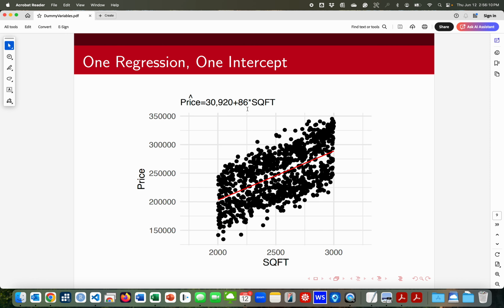So we can take a look at this regression right here using the same data that we had earlier. If we just run the regression on price as a function of square foot, the slope of the red line that you're seeing here is 86, which says if we increase square footage by 1, the estimated sales price is going to increase by $86.